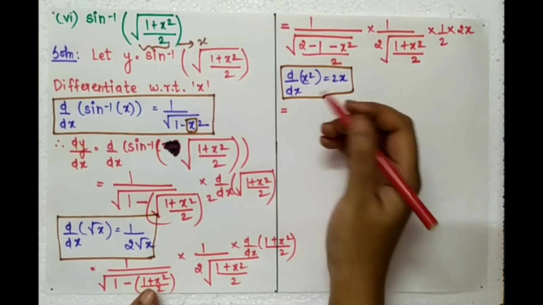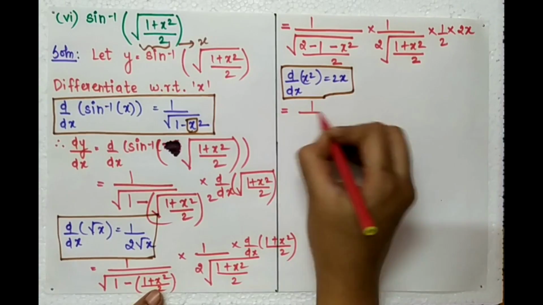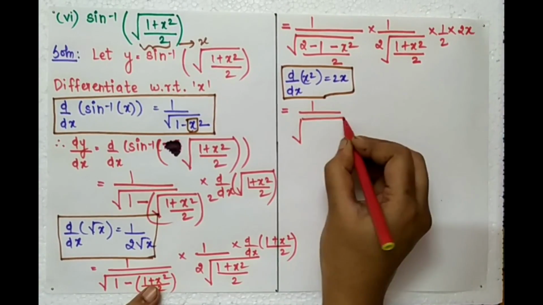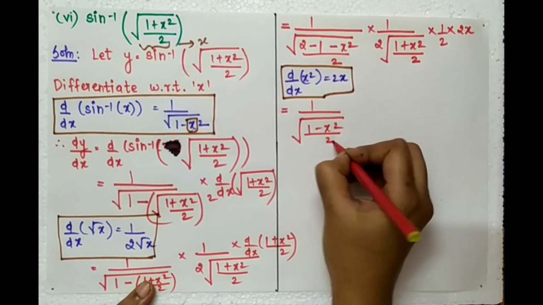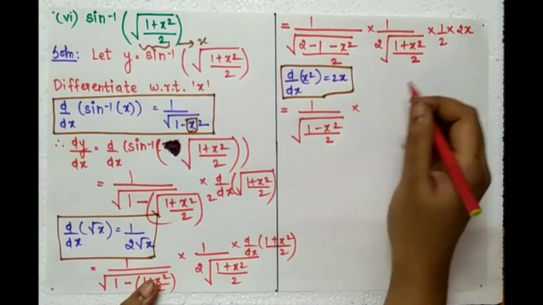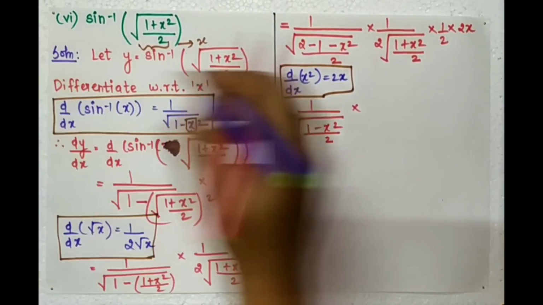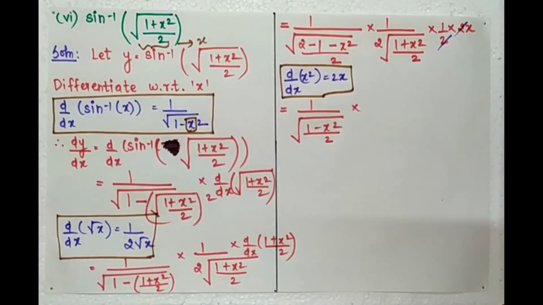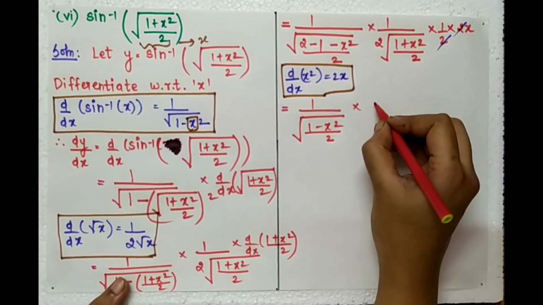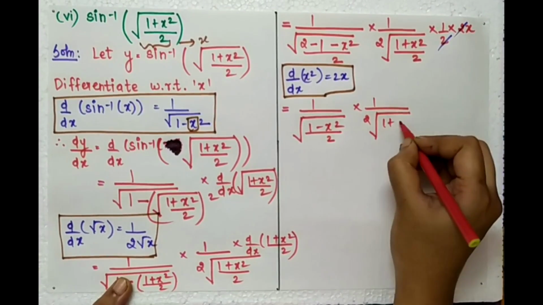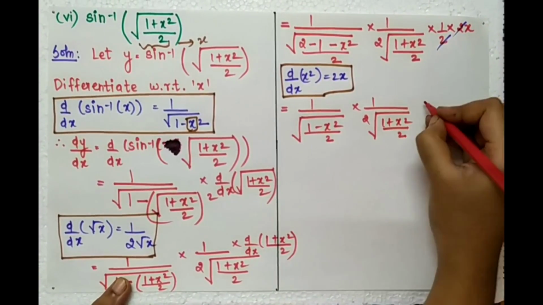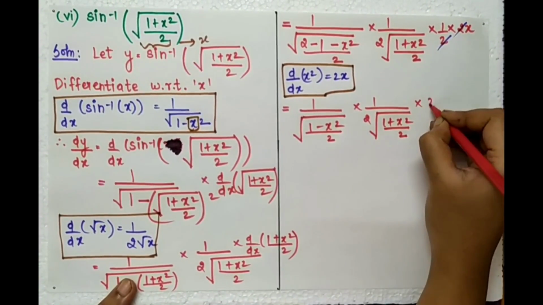So this is equal to 1 upon root of 2 minus 1 is 1, 1 minus x square by 2, multiplied by, this 2 and 2 gets cancelled. So we have 1 upon 2 root of 1 plus x square by 2, into x.